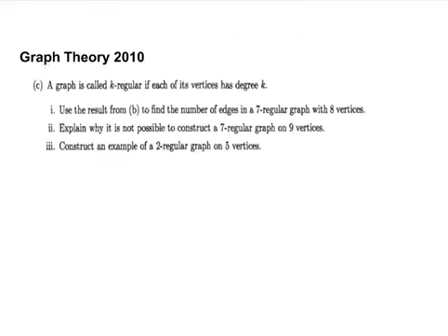Now the next part is, a graph is called k-regular if each of its vertices has degree k. Now, use the result from B to find the number of edges in a 7-regular graph with 8 vertices. So we have 8 vertices and each of them have degree 7. So it is 7 plus 7 plus 7 plus 7, so on.